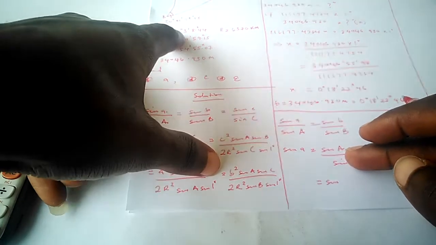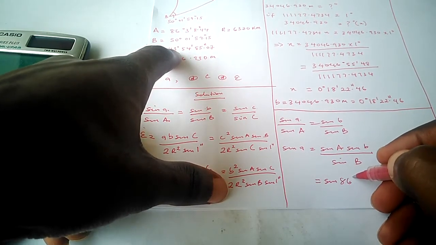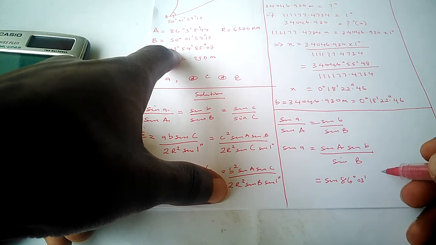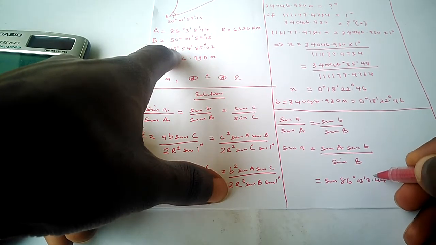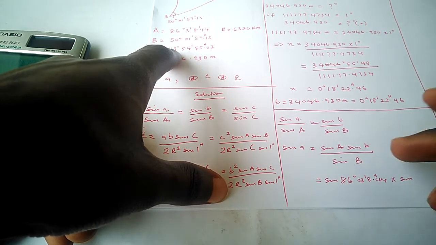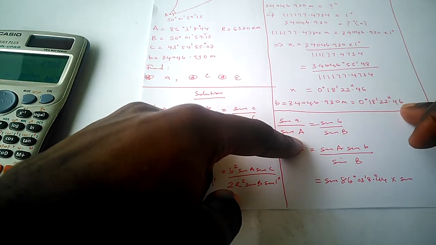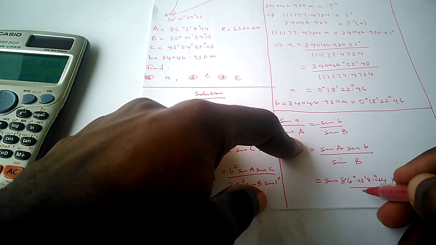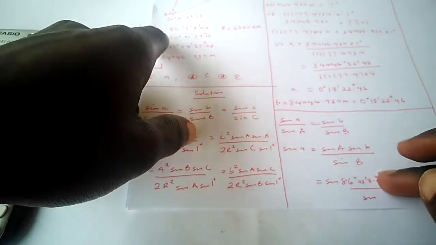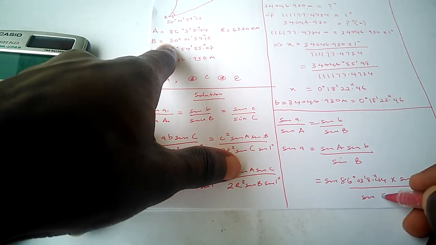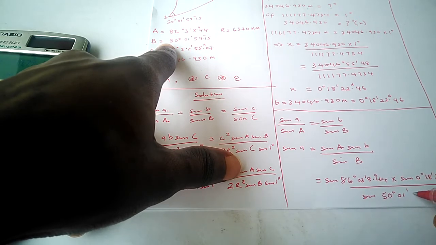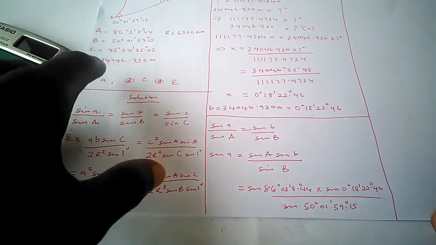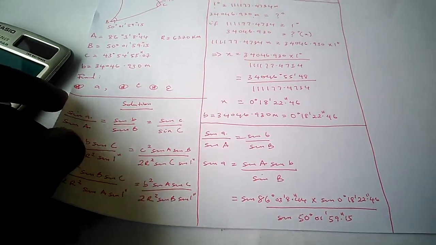Our angle A is 86 degrees 3 minutes 8.44 seconds, times our side B, which is the equivalent in arc distance, 0 degrees 18 minutes 22.46 seconds, divided by sine B, which is the angle there: 50 degrees 01 minute 59.15 seconds.